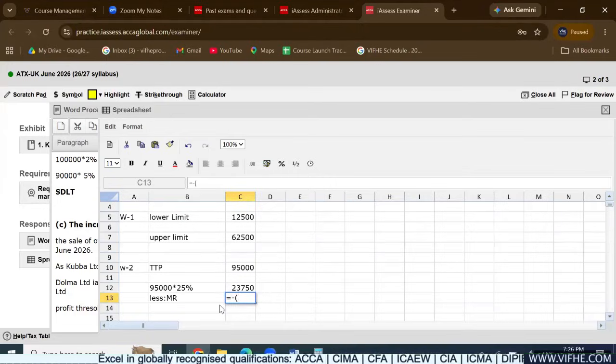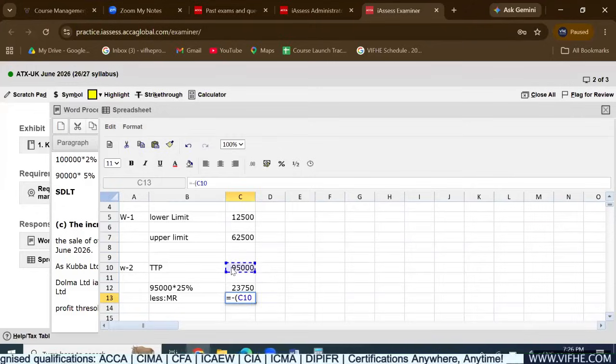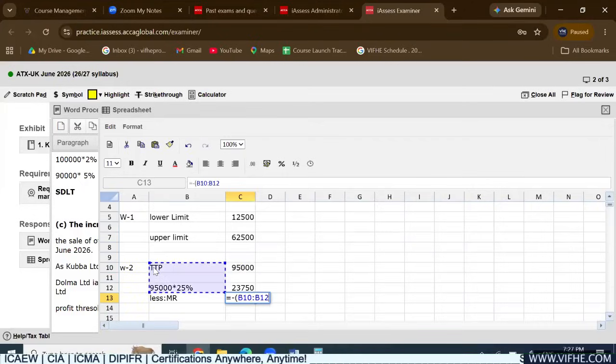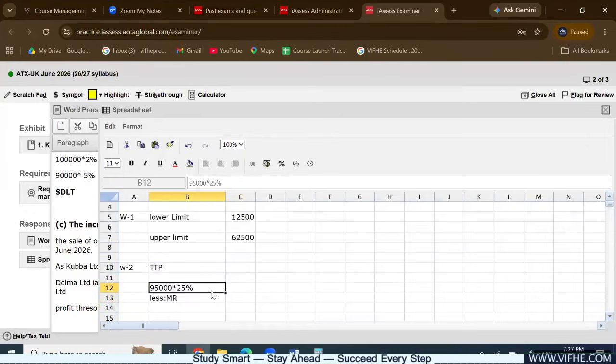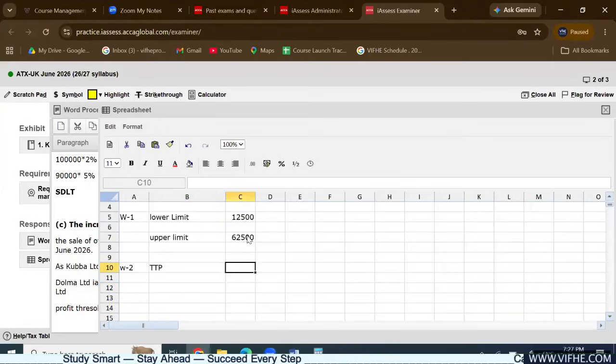Oh, I am so sorry. This is not the place where we shall be charging the marginal relief, because 95,000 pounds is the taxable total profit, which is more than the upper limit threshold of 62,500, which would mean that we'll be charging the main rate.